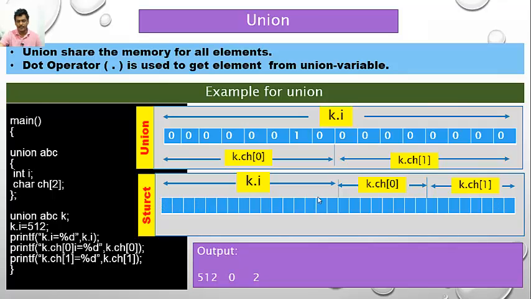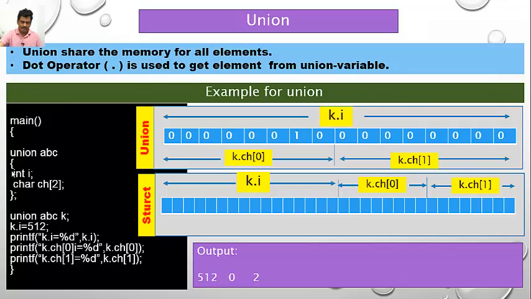Totally 4 bytes: the first 2 bytes for I, the third byte for k dot ch of 0, and the fourth byte for k dot ch of 1. If we define it as a structure, I requires 2 bytes and ch requires 2 bytes, so it allocates 4 bytes.